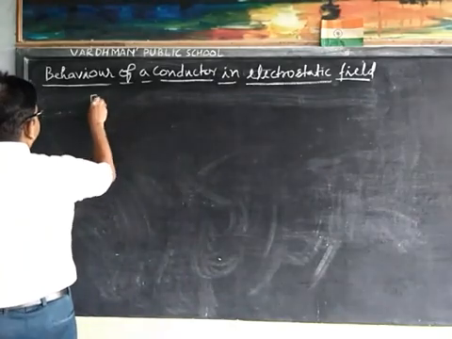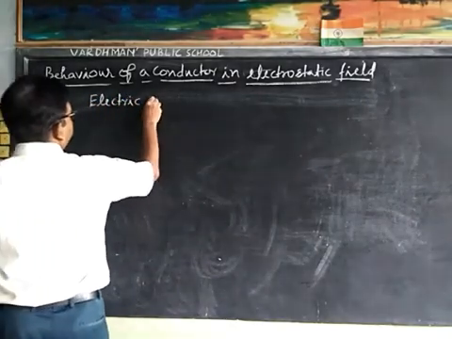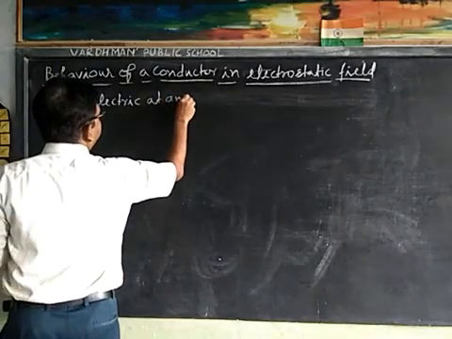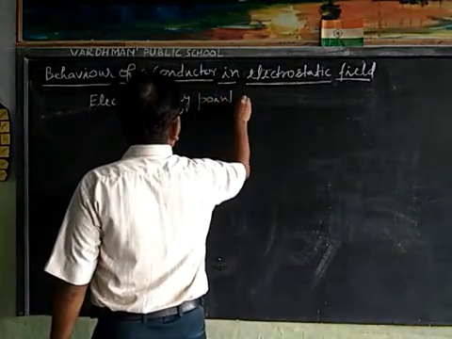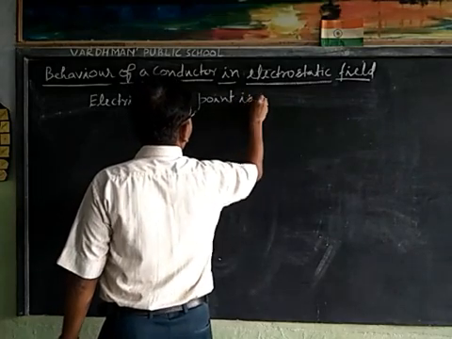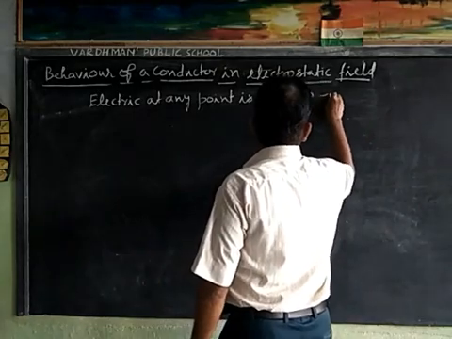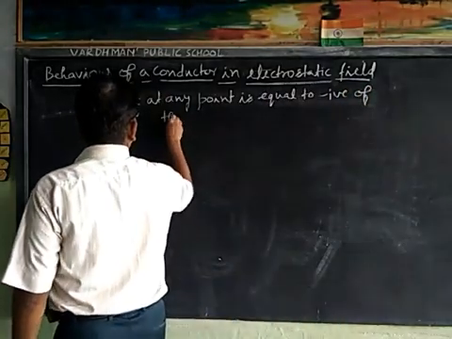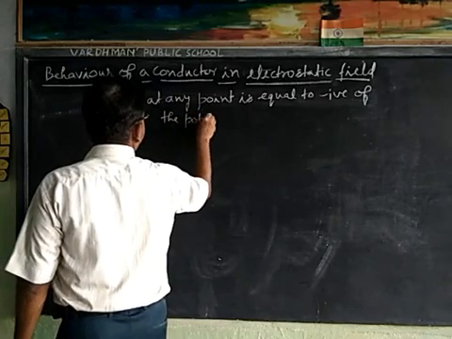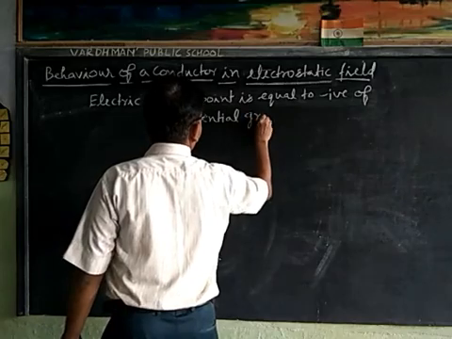Electric field at any point is equal to negative of the potential gradient.